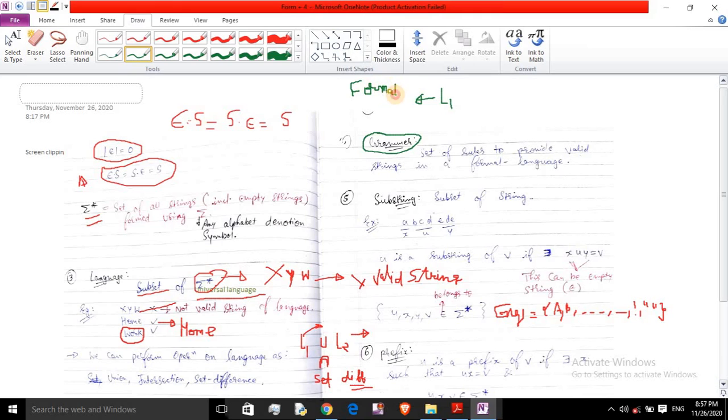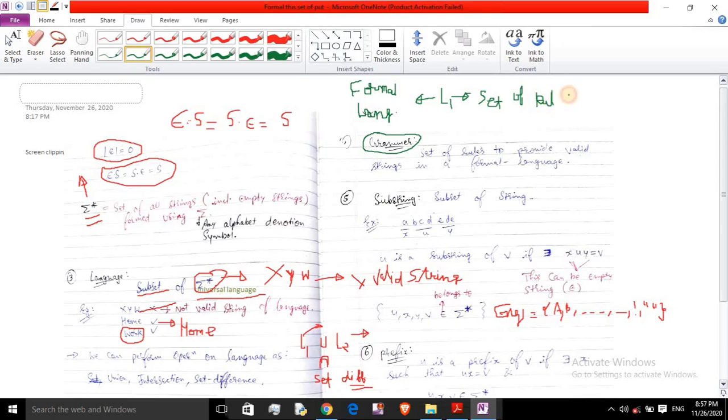In this language we have many sets of rules which form its strings. This set of rules is known as grammar, providing valid strings of a particular language. Both are the same thing.